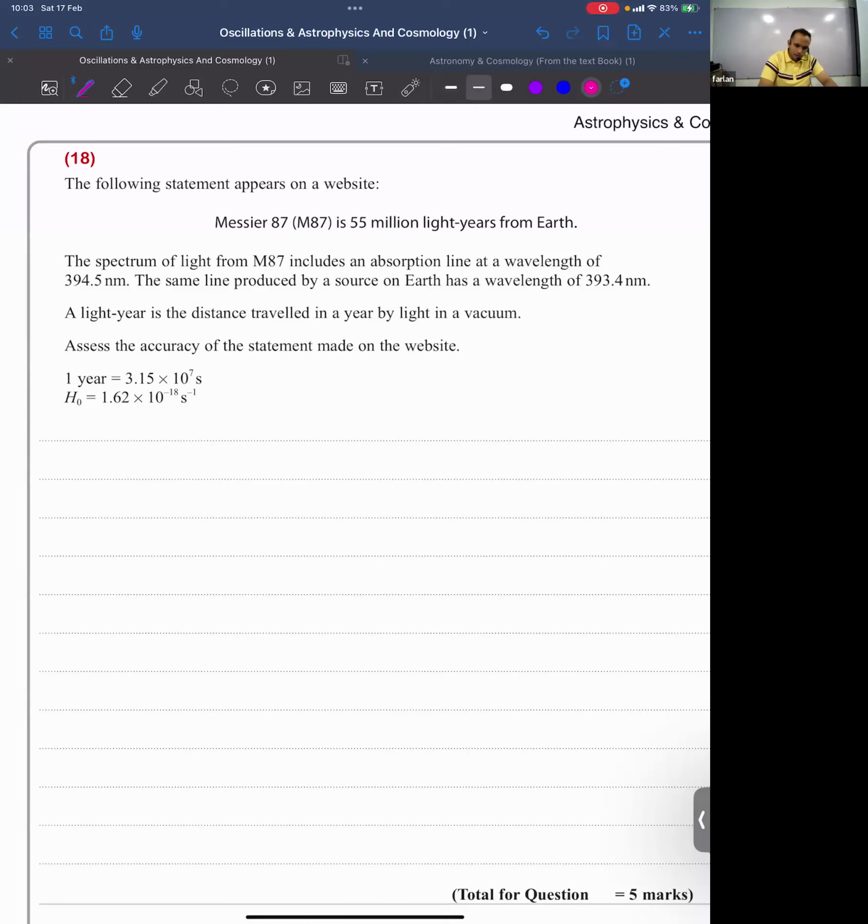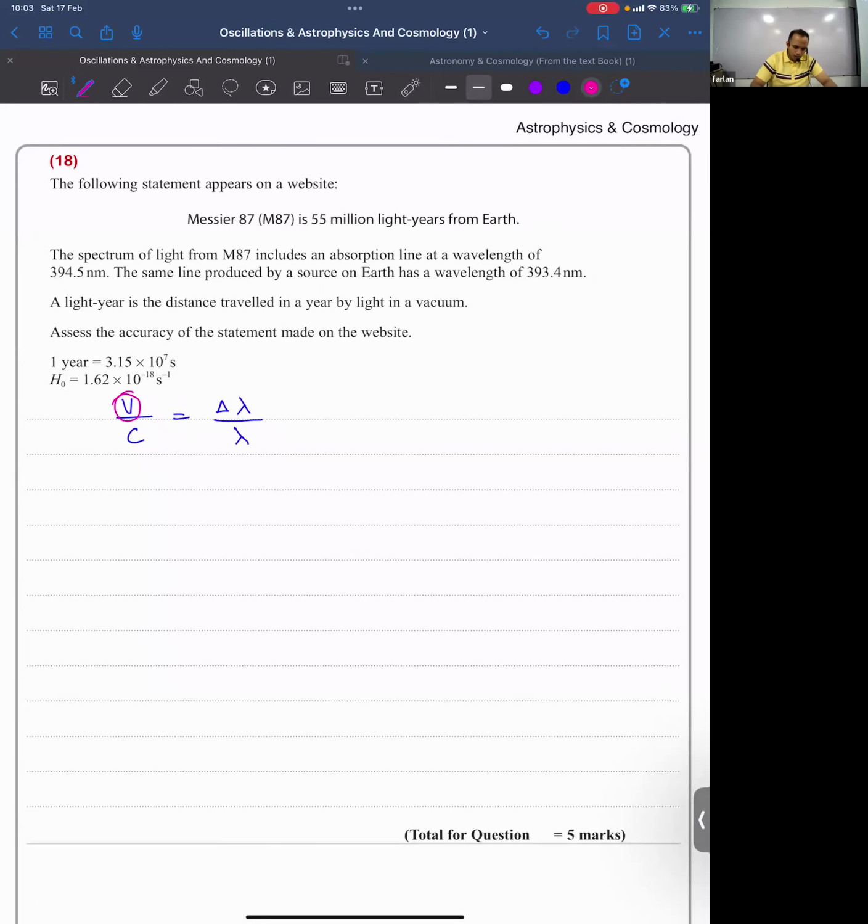Let me do it. So guys, I can use v over c equals delta lambda over lambda to find the recession speed of this M87. Correct? You know the c, you know the delta lambda, you know the lambda. And then after finding v, you can use v equals H naught d.